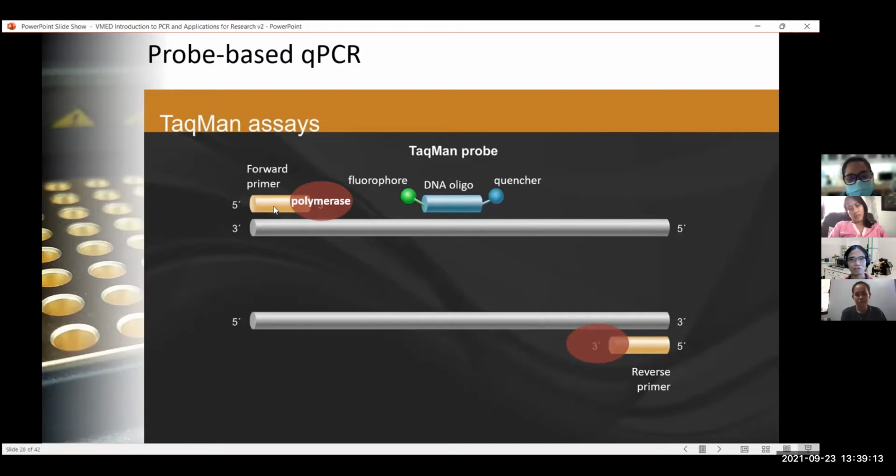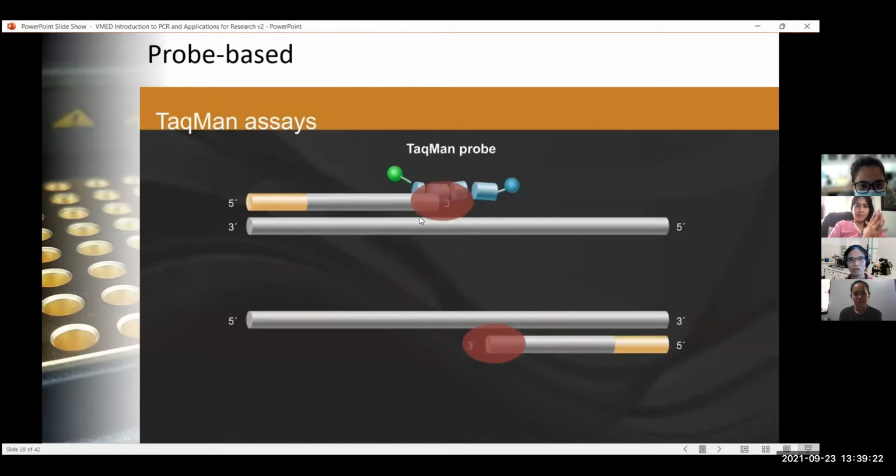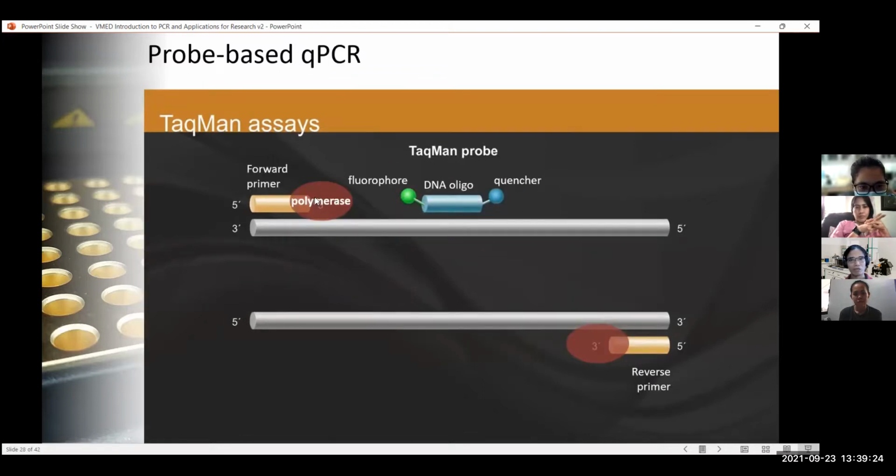But if this is your target and the forward primer, the reverse primer, and the probe all bind to the target, then the polymerase, which has a 5' to 3' exonuclease activity, will act. What that means is that when it runs over a strand of DNA, it will digest it.